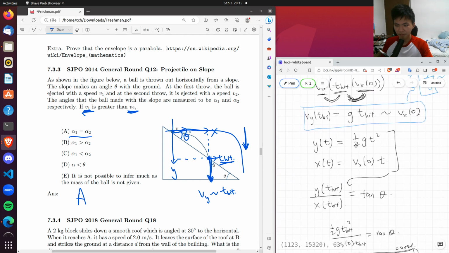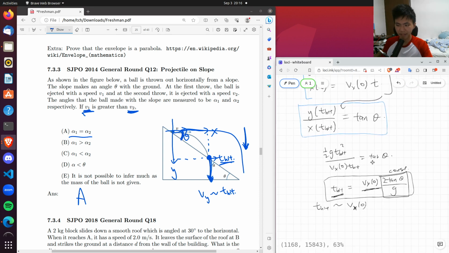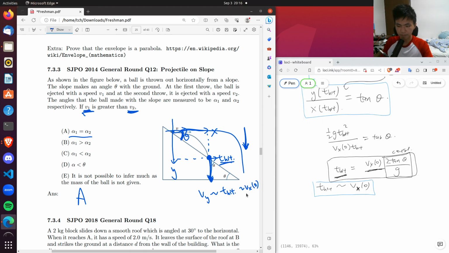What we did was find the ratio of the displacements. Using the fact that when the ball hits the slope, the ratio of the displacements must be tangent theta, we deduced that t hit is linear with respect to vx naught. And hence we know that vy increases linearly with respect to vx naught, the initial horizontal velocity.